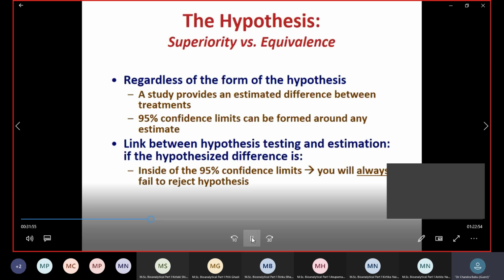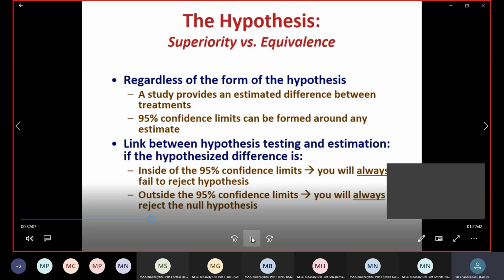If whatever I hypothesize the difference is inside of the confidence limits, I will always fail to reject my null hypothesis. Alternatively, if whatever I'm assuming is outside of the 95% confidence limits, I'll always reject. And I'll show you what I mean by this.